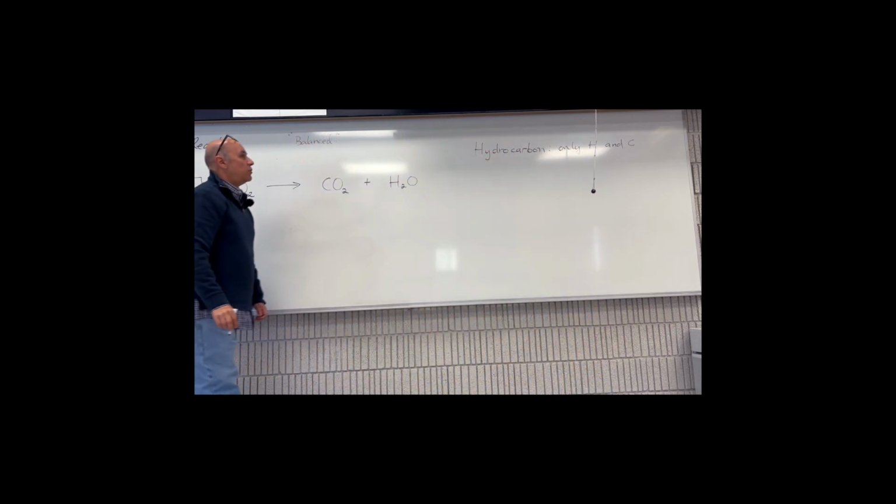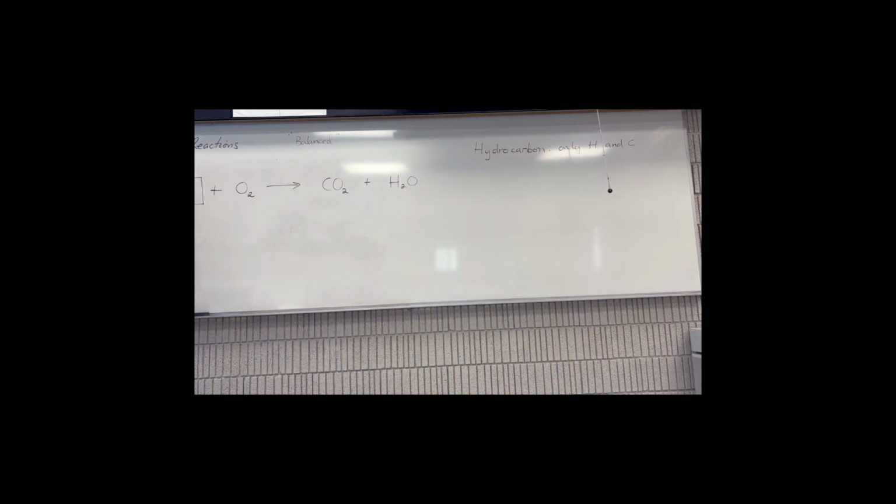So hydrocarbons only have carbon and hydrogen, nothing else. The simplest of all, and we're going to start with that, is something called methane. And it has this chemical formula: 1 carbon, 4 hydrogens. And that's it. So it's a simple chemical.